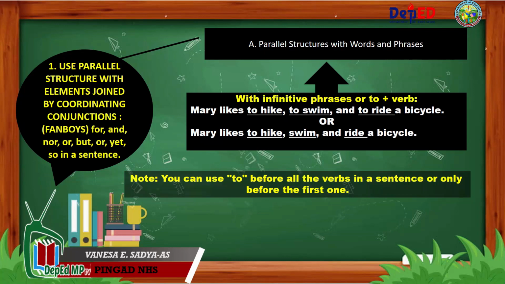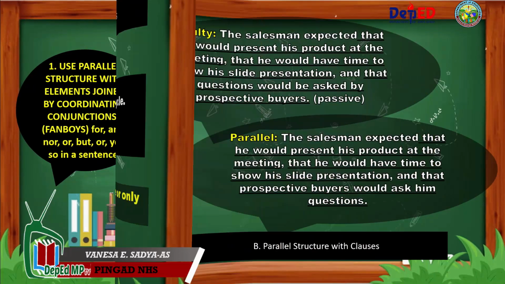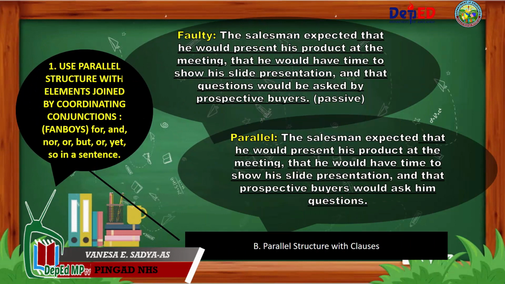Okay? Now, we have letter B, parallel structure with clauses. We have here the example, the salesman expected that he would present his product at the meeting, that he would have time to show his slide presentation, and that prospective buyers would ask him questions. That is our parallel statement.